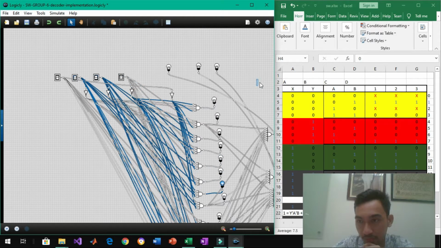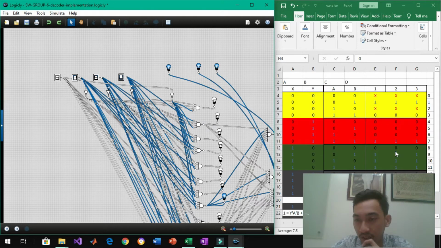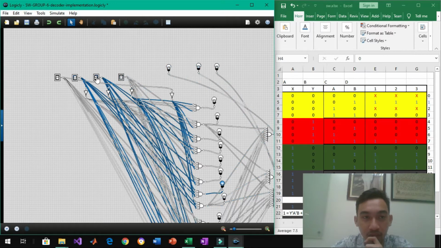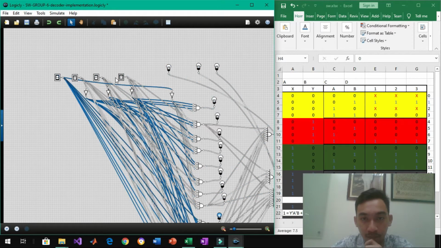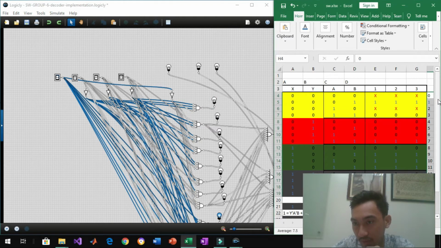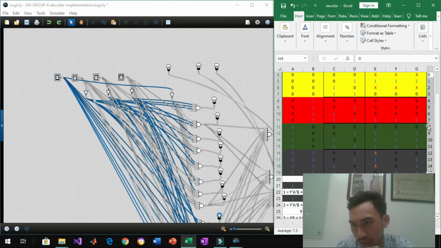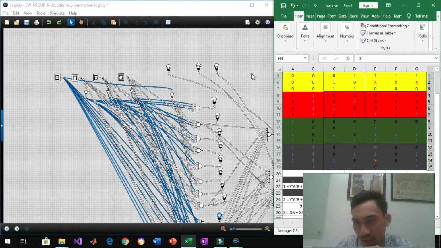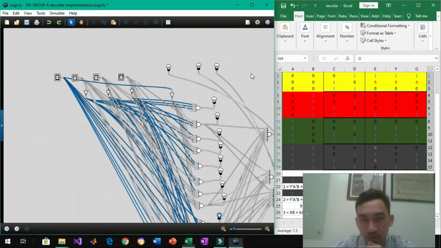And at 7, all the outputs should be 1. At 8, they should be all zeros. And from 9 to 11, they should be all ones.